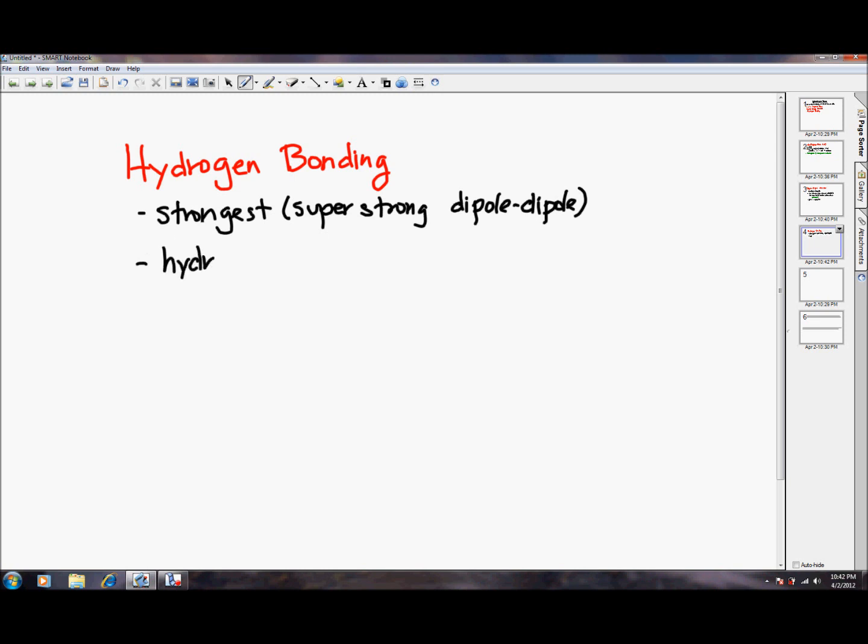If you have a hydrogen in your molecule bonded to either chlorine or oxygen or nitrogen. The reason that these are important is because if the hydrogen is bonded to one of these, the electronegativity difference between hydrogen and chlorine, hydrogen and oxygen, or hydrogen and nitrogen creates a really polar molecule.